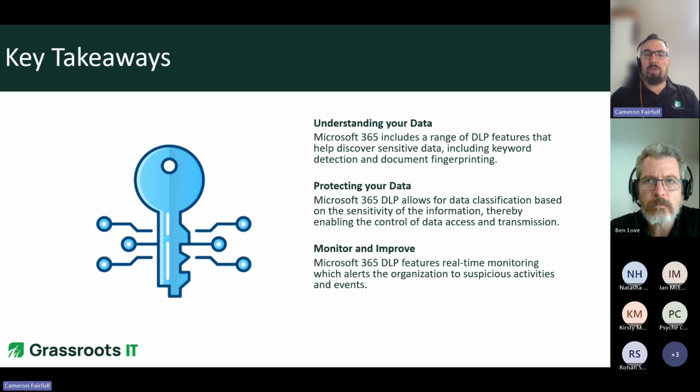So you need to make sure that you're looking at the types of data that are being shared from inside your organization or shared externally as well, and then look at ways to improve and make the security on that data better as well.